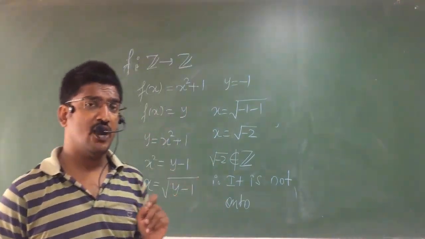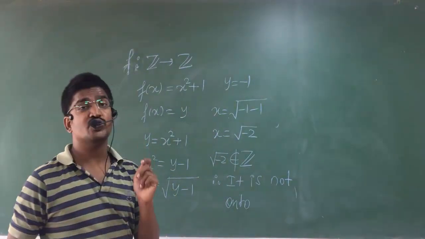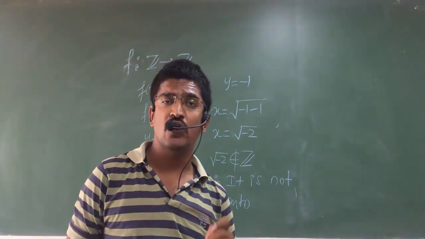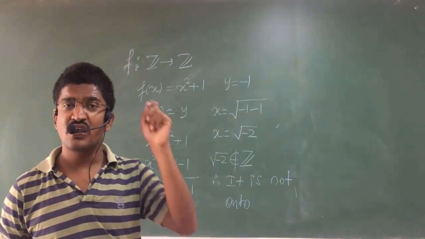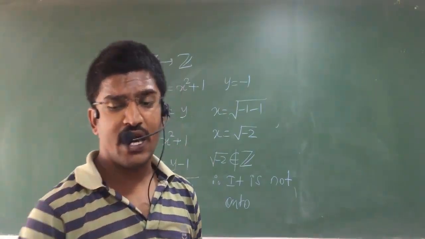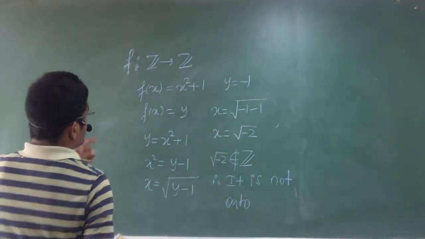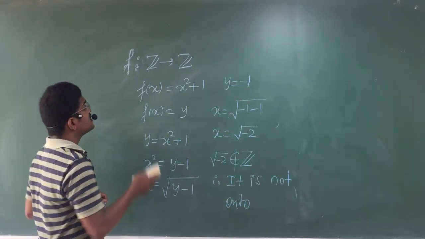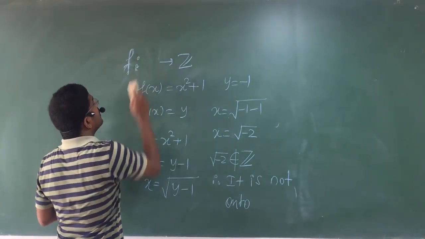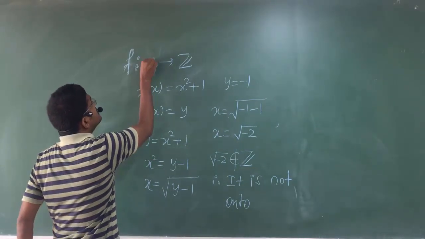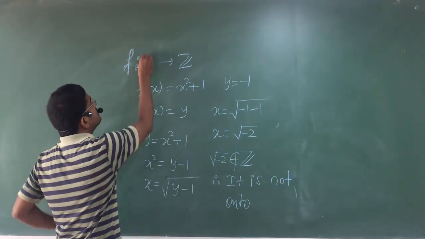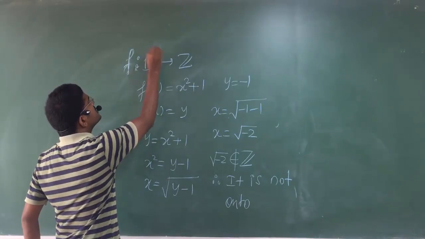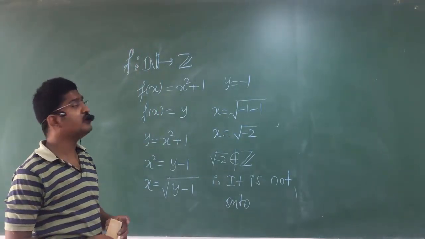First I have proved one example to show onto. Next I have shown one problem which is not onto. Again, for the same problem, let us take N, that means the natural number set.